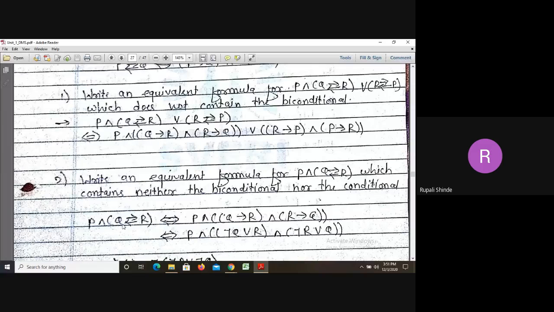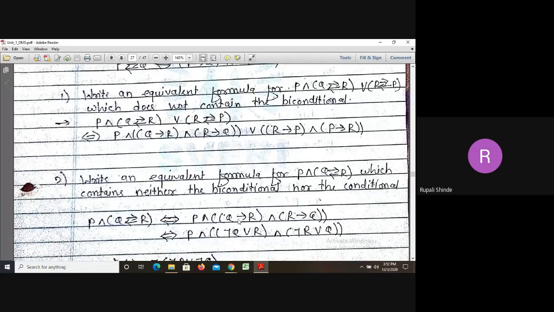The first one is P and Q biconditional R. First of all, we have to replace this biconditional by conditional. So we write P and Q conditional R and R conditional Q. In this first step, we have replaced the biconditional by conditional.